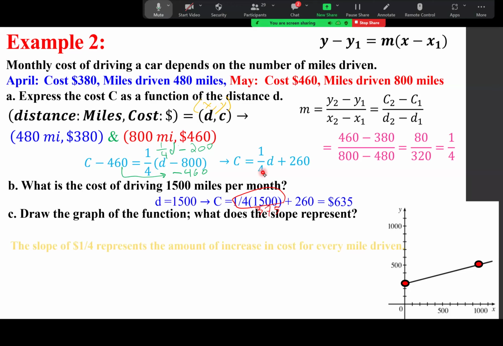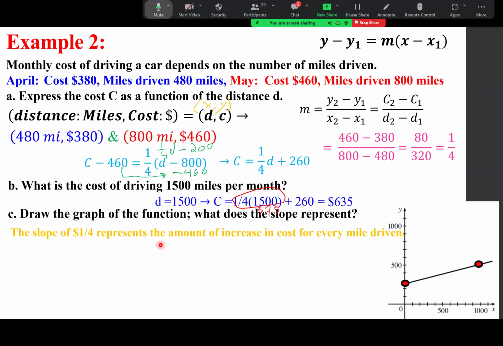The slope of 1/4 of a dollar represents the amount of increase in cost for every mile driven. For 1 mile, we have to add 1/4 of a dollar. For 2 miles, 2 times that. For 10 miles, 10 times that.